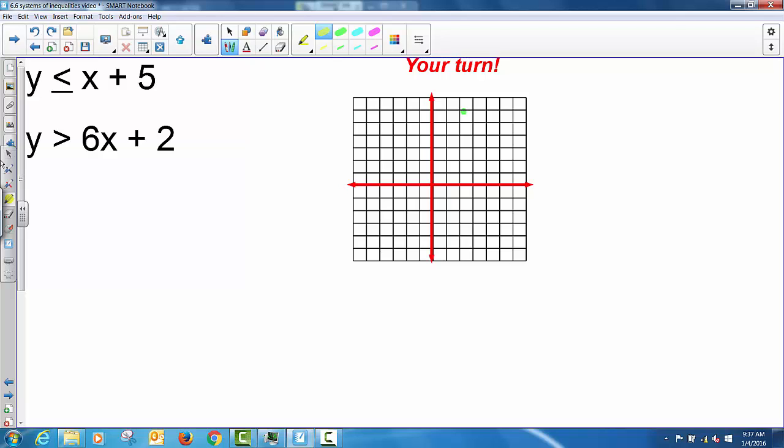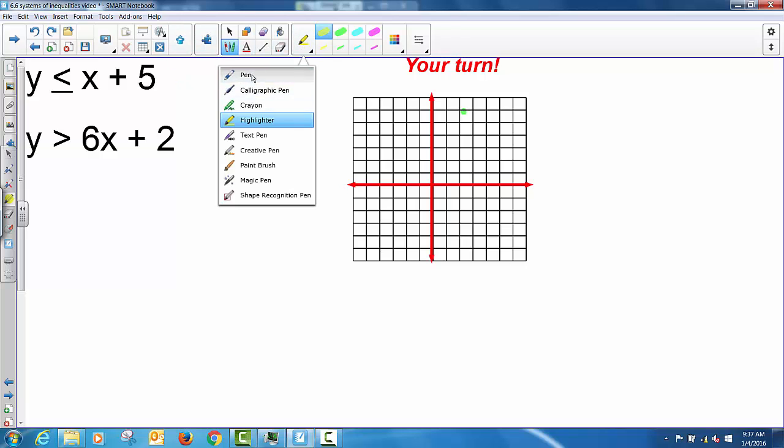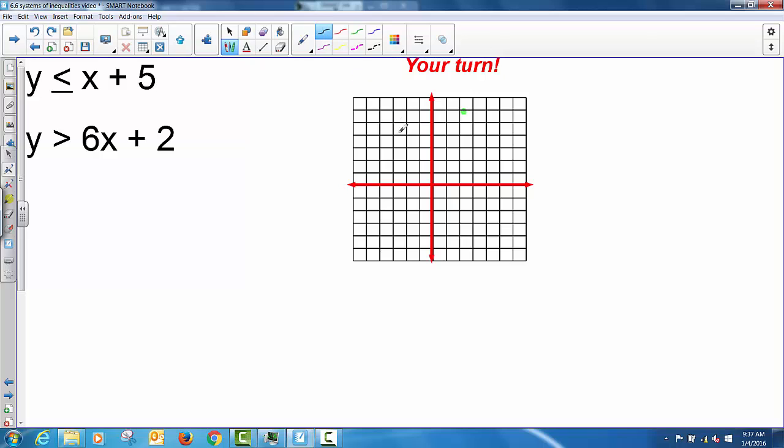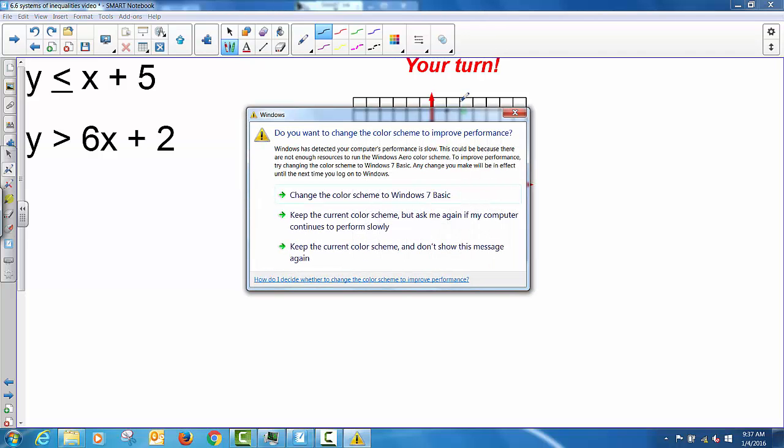Alright, y is less than or equal to x plus 5. We come over here to the pen and get black. Okay, so x plus 5. 1, 2, 3, 4, 5 is the y-intercept. X has a 1 in front of it, so that means the slope is 1.